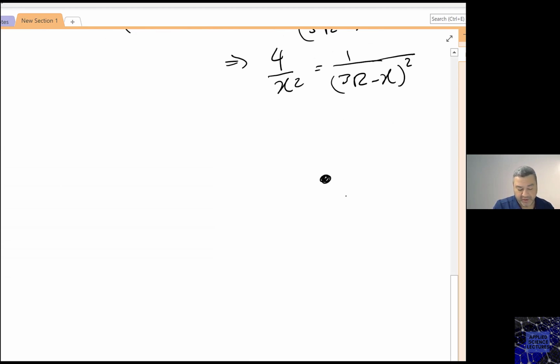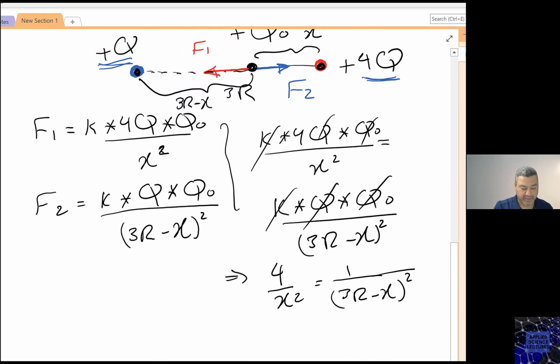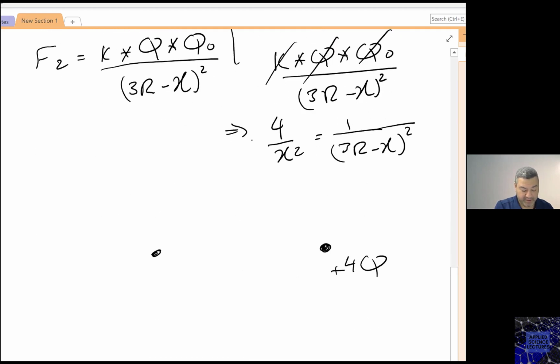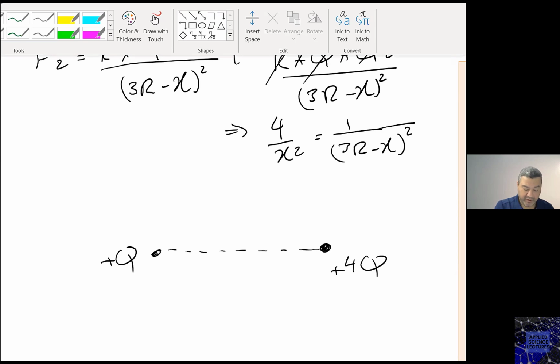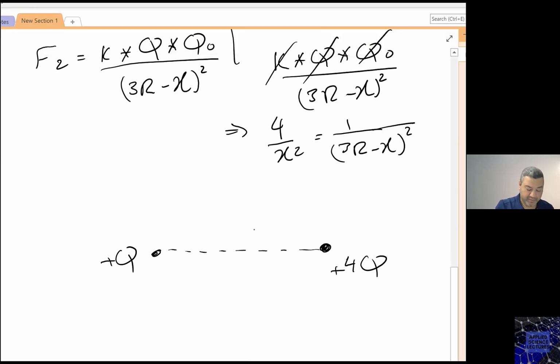So if I have here 4Q and here plus Q, again, if I bring Q naught, and this time it's negative, so what's going to happen?